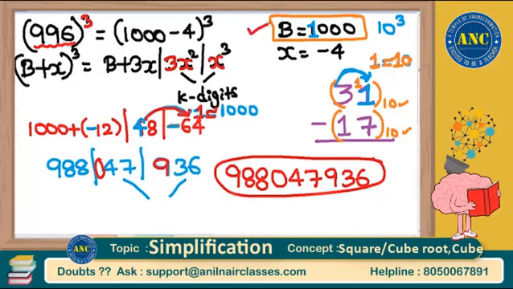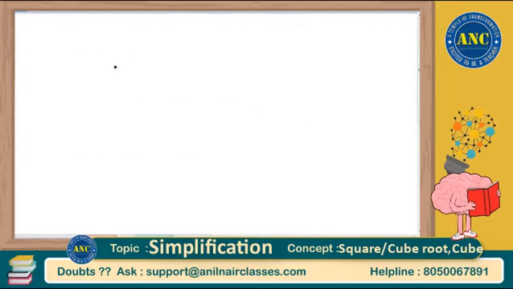I will also take few more questions so that my students understand it much better. Suppose, for example, now see here, suppose 98 whole cube I need to find. 98 can be written as 100 minus 2.